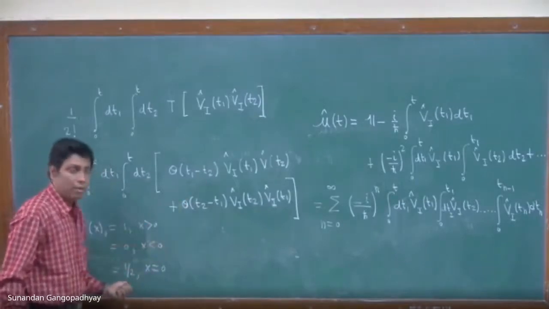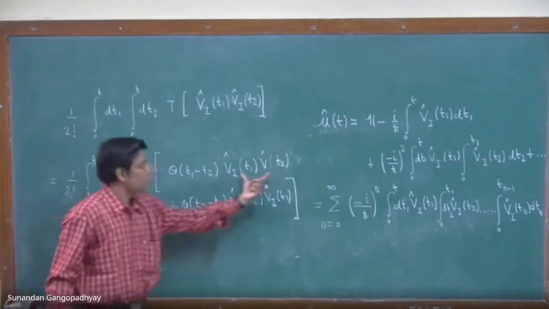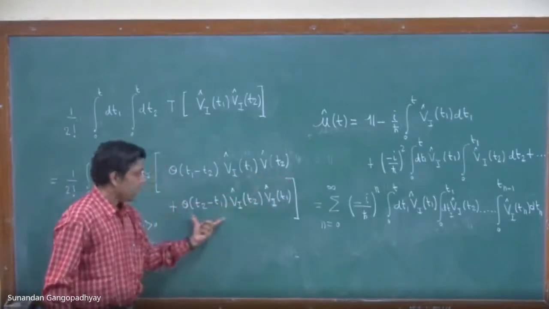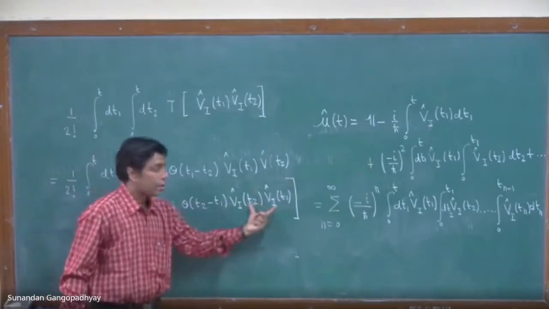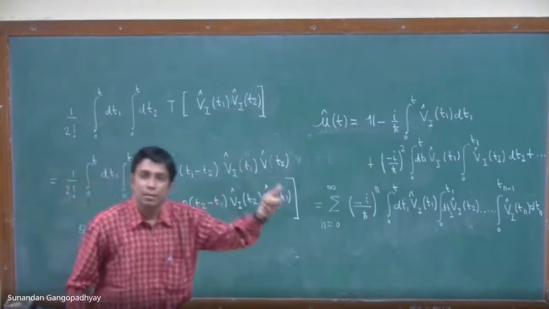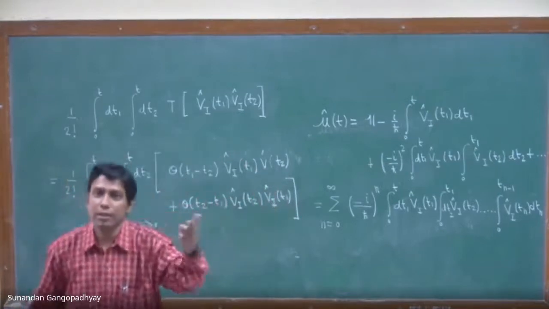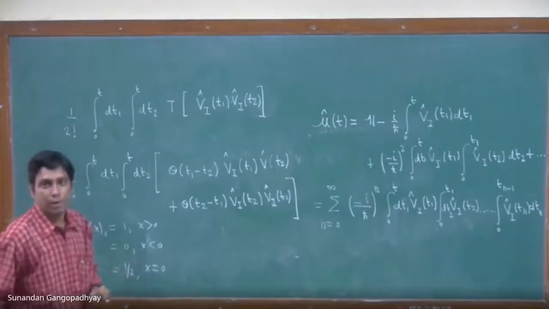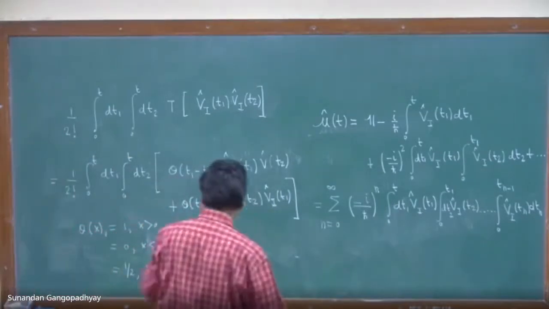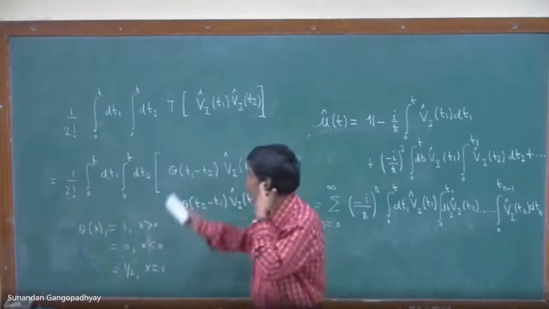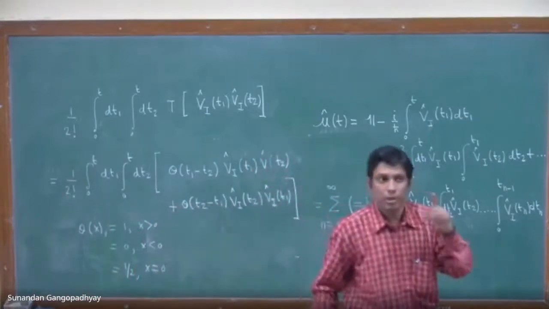So this will be half, and this is also half. So half plus half gives you V hat T1, V hat T2 with the condition that T1 is equal to T2. That is why you define the theta function with a half here for x equal to 0. Because there will be overcounting, and therefore you just define it with a half. So that half plus half, you will get 1.